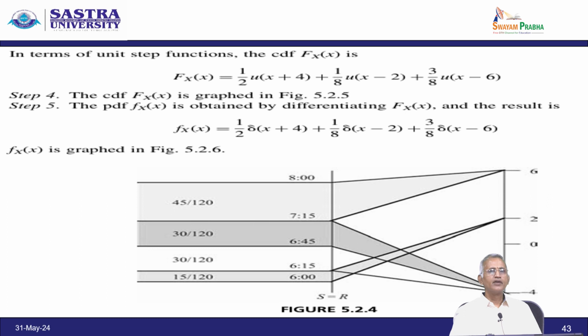So, we can write the cumulative distribution function as 1 by 2 into u of x plus 4, plus 1 by 8 into u of x minus 2, plus 3 by 8 into u of x minus 6. That picture is shown in 5.25 on the next page, and the PDF is obtained by differentiating the function F of x above. So, we have f_X of x is 1 by 2 into delta of x plus 4, plus 1 by 8 into delta of x minus 2, plus 3 by 8 into delta of x minus 6, and the corresponding graph is mapped.